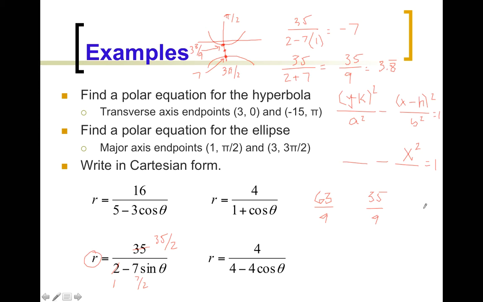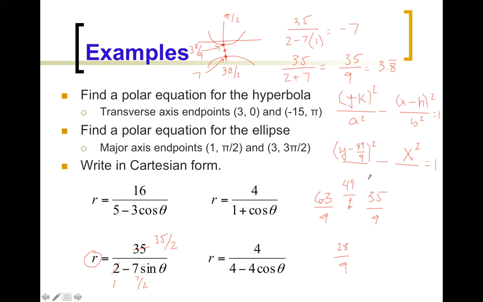Well, probably just find how far away these are. These are a total of 28 units apart. Half of that is 14, so right in the middle is going to be 14 units from either of these, which is going to be 49 over 9. Well, that's our ugly k value. So it's y minus 49 over 9 squared.